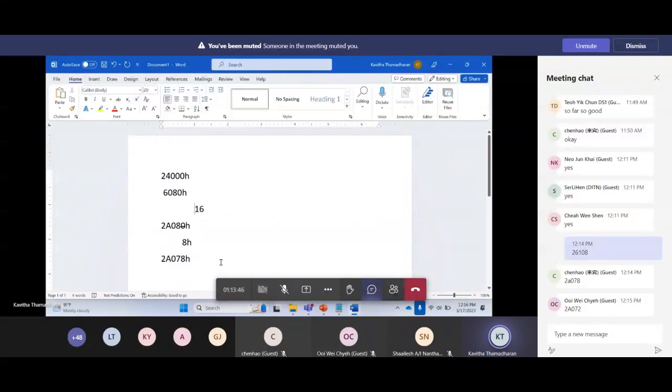Then here, you need to cut this and it will become 7 on top here. So there you get the answer: 16 minus 8 is 8, 7. You just bring down and then you get the total answer.